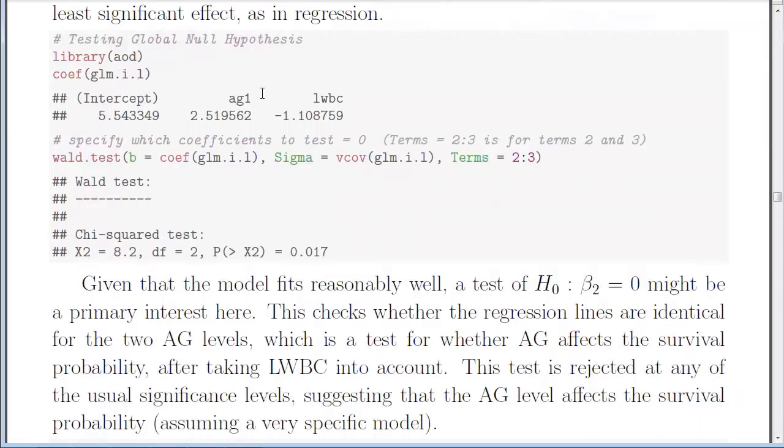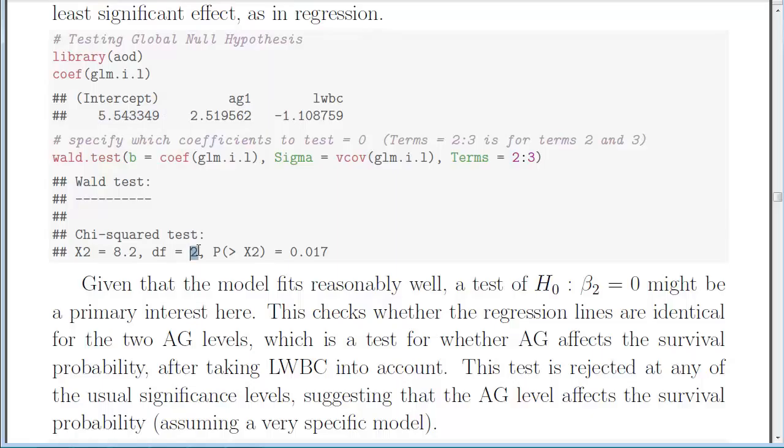Let's take a look at our Wald test. This gives us the ability of testing both of these parameters at the same time. Do we need them at all? So let's ask whether both parameters equal 0. Here I'm putting in the coefficients for the linear regression, putting in the variance covariance matrix, and then specifying which terms I'm simultaneously testing are equal to 0, and that's terms 2 and 3 because the intercept is term 1.